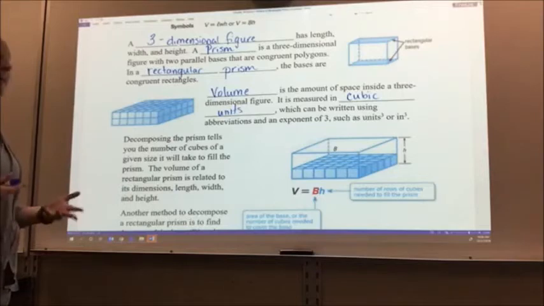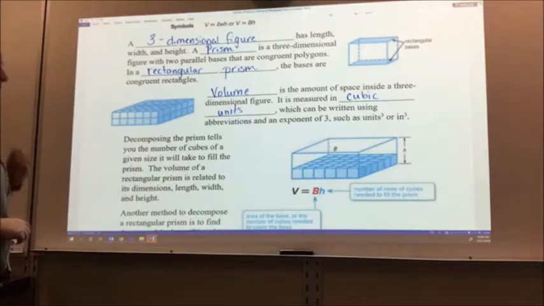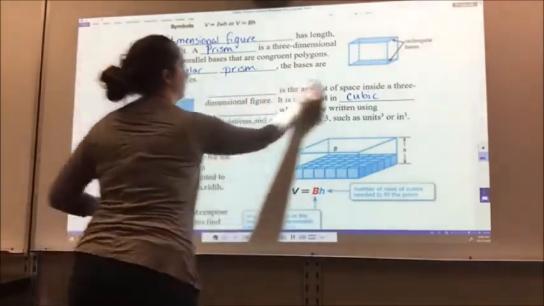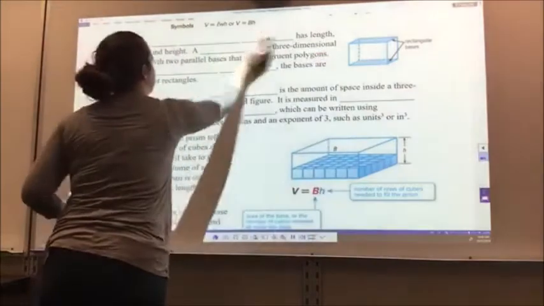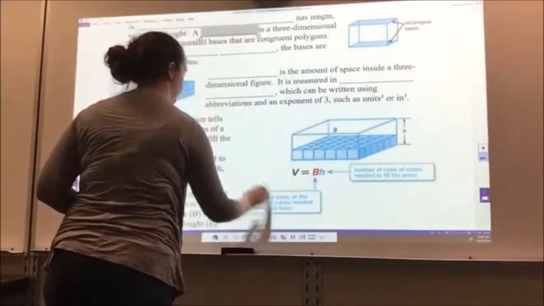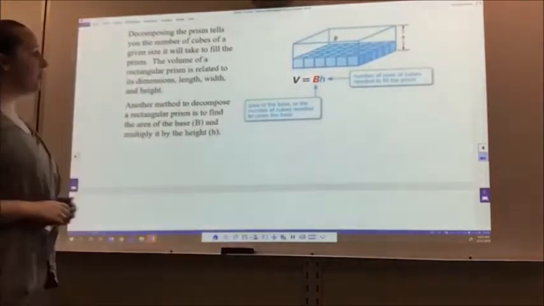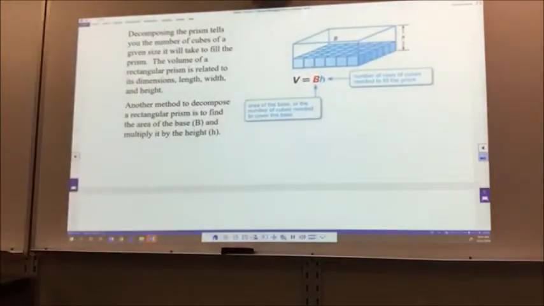Decomposing or breaking down the prism tells you the number of cubes of a given size it will take to fill the prism. The volume of a rectangular prism is related to its dimensions, length, width, and height. Another method to decompose a rectangular prism is to find the area of the base.